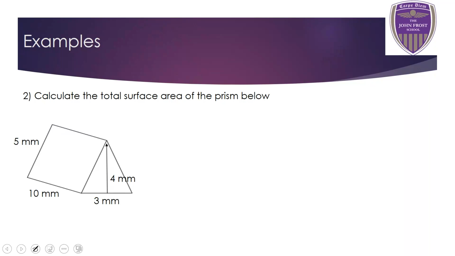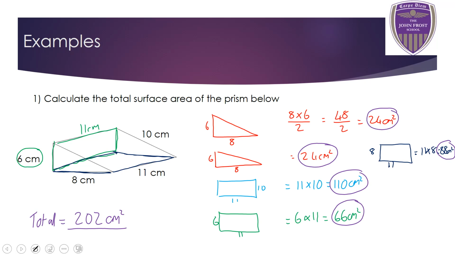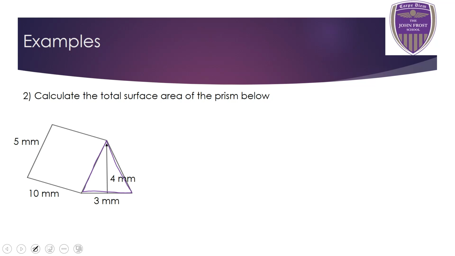Okay, another example of a triangular prism. The front of this one, the cross-section here, is a triangle. It's not the same type of triangle as the one in the previous example. That one was a right-angled triangle. This one is an isosceles triangle. So what we need to work out then, we've got 5 faces again.